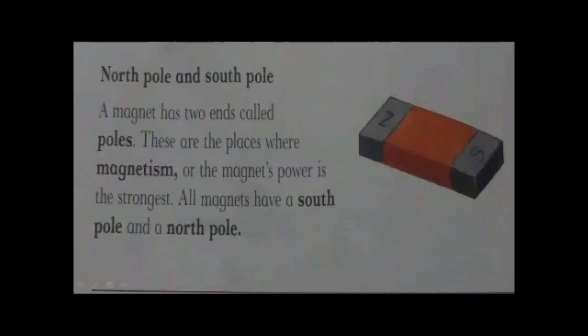These are the places where magnetism, or the magnetic power, is the strongest. All magnets have a south pole and a north pole. So student, this is the magnet and it is a bar-shaped magnet. And these sides are called poles. The N shows the north pole and the S shows the south pole. So all magnets have two ends or sides. Another name for these ends or sides is poles.